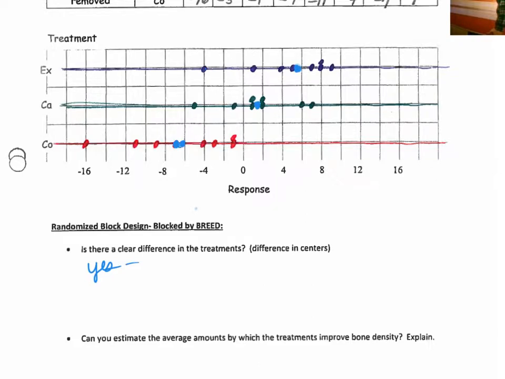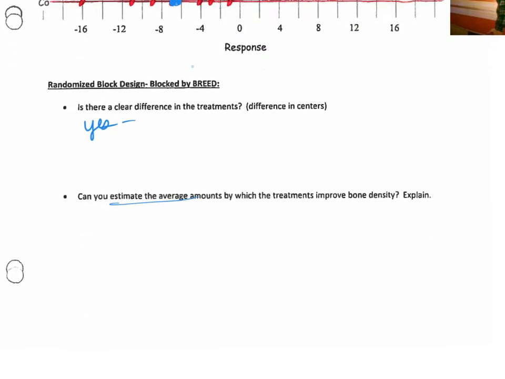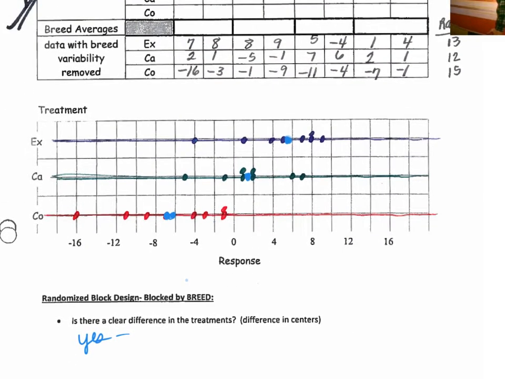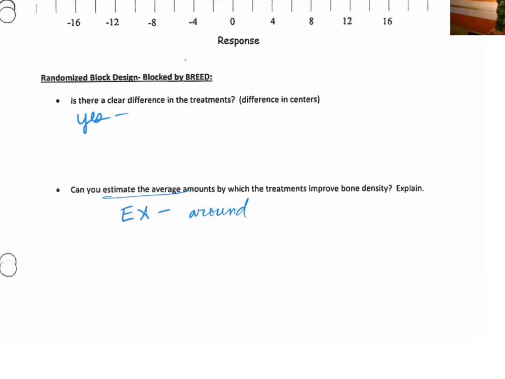Okay, so yes, we can see a clear difference. Can you estimate those average amounts? Let's put those down. For the EX group, the center was around 5 to 6. I think the EX group was positive.